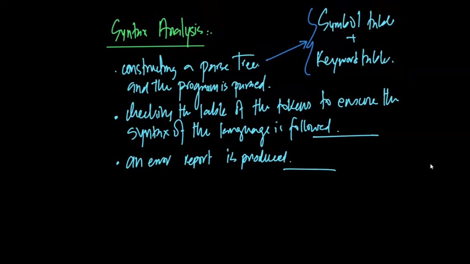So how the syntax analysis process actually works can be represented diagrammatically. All right, so let's try to understand it by using a diagram. Firstly, you've got your tokens. And secondly, you've got your syntax.